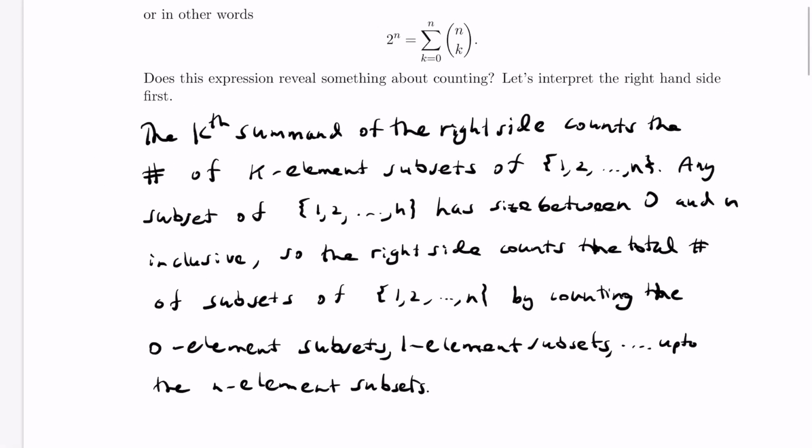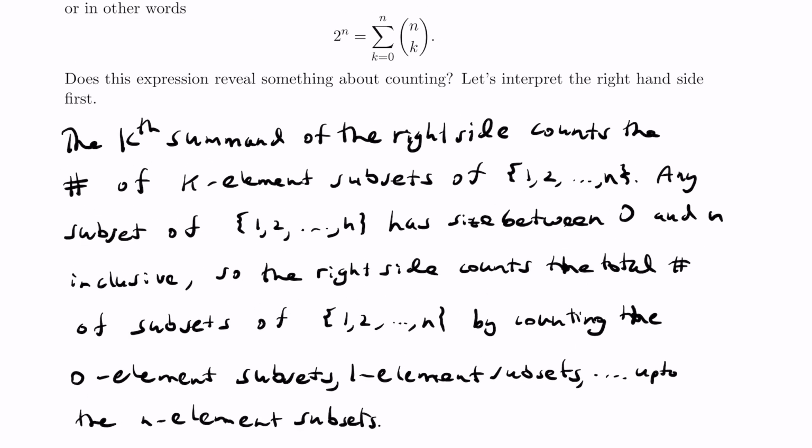Okay, so this entire right-hand side actually counts the total number of subsets of the set 1 through n. So if it's the case that this counts that as well, then these would be equal. So we should figure out why this side, the left-hand side, actually counts this same thing.